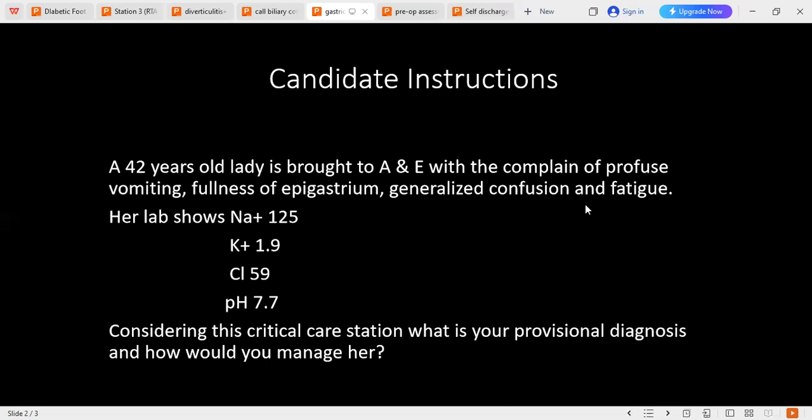Please tell me what might have been the cause behind the patient's condition. What could be the provisional diagnosis you would consider? The provisional diagnosis for this patient is gastric outlet obstruction, which can be due to a benign or a malignant cause.